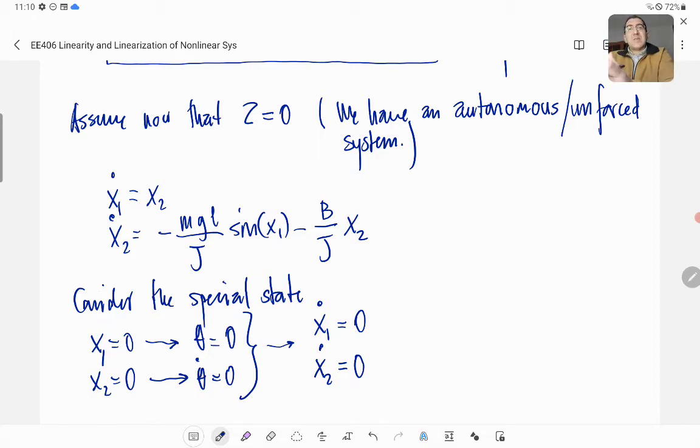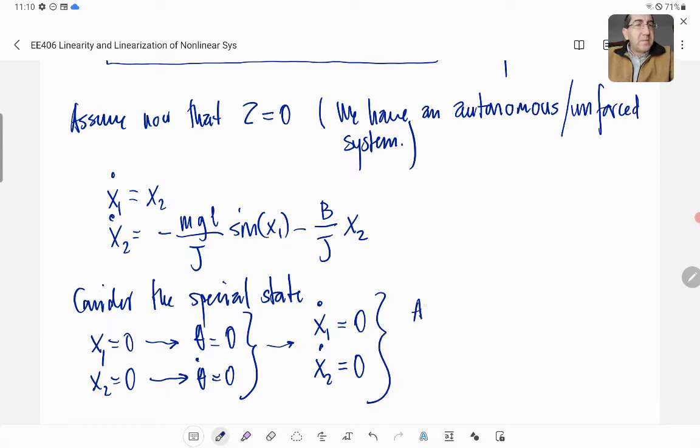If you're at x1 is equal to 0, x2 is equal to 0, the rate of change of the states will also vanish. That means the system will not have any desire to leave that state. Okay? So let me try to summarize that.